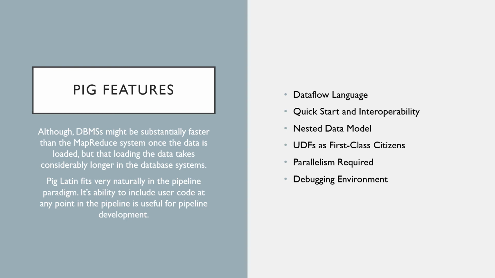But however, with the MapReduce system, you can do faster loading, and as a result, your data analytics will get easily visualized and the output is generated very fast compared to regular old database management systems. And Pig Latin fits very naturally into the pipeline paradigm. Its ability to include user code at any point in the pipeline is very useful for pipeline development.